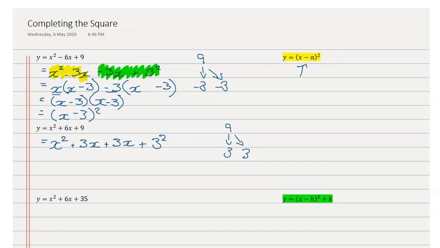So we can simply state that the factorized solution will be x plus 3 all squared. Awesome. Again, satisfying the form of the perfect square over here.